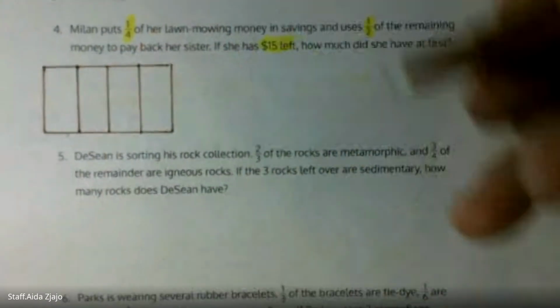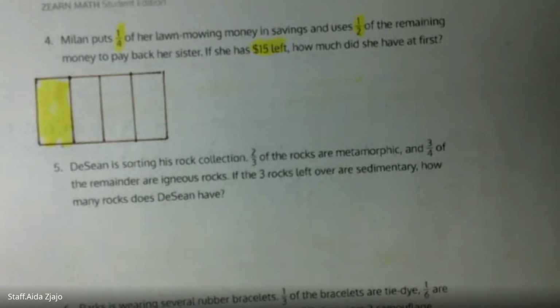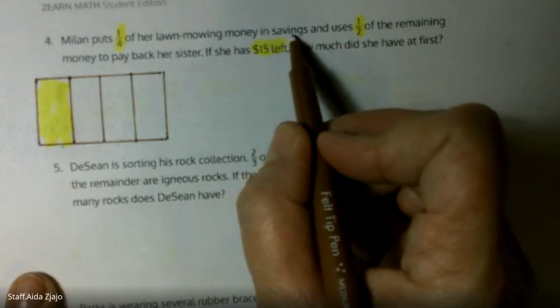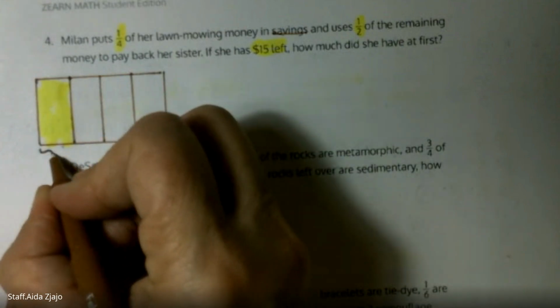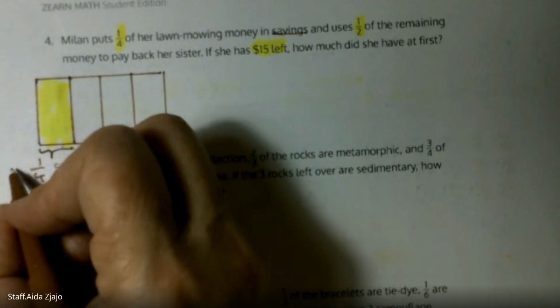So 1/4 of the money is what Milan puts in savings. So this is savings, 1/4 savings.